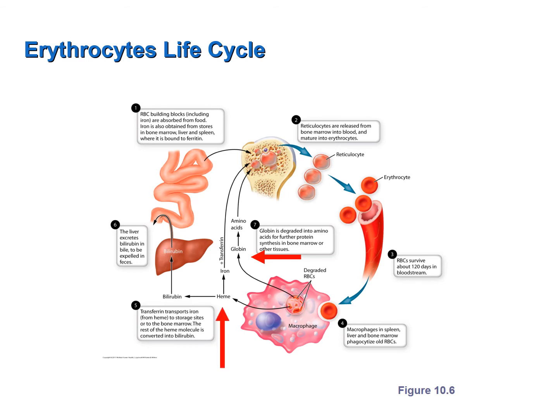The heme component is broken down and the iron is stored in the spleen and liver and bone marrow. The non-iron component of heme is converted to bilirubin. Bilirubin is removed from the blood by the liver and then incorporated into bile, which is excreted into the intestine to be excreted along with the feces.